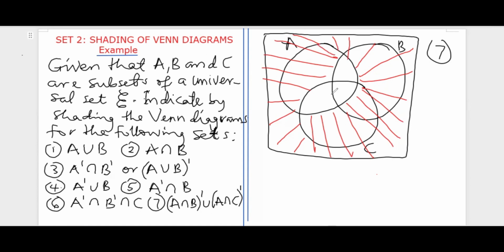So apart from this region, this is the end of our lecture on the shading of Venn diagram.